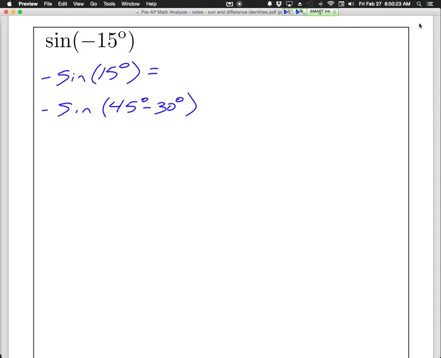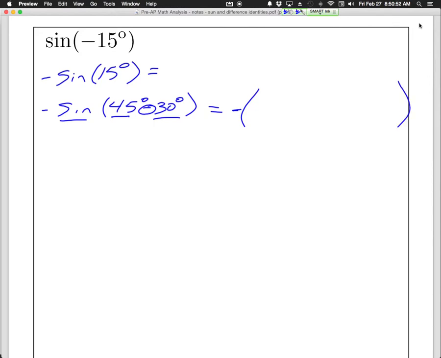Once I get to this point, I now want to recognize which identity I want to use. We're dealing with sine of an angle minus another angle, so what identity do we want to use? Christian? Would it be sine A plus B since it's negative? No, we're going to ignore that negative, and we're just interested in what's going on in there. It'll be sine of A minus B. Now, since there is a negative here, we want to transfer that negative over here, and then we'll plug everything in.